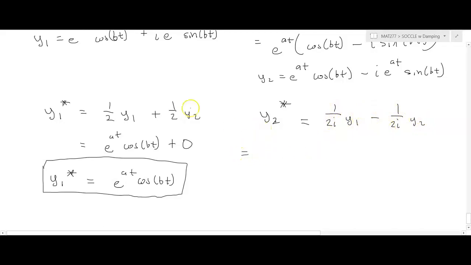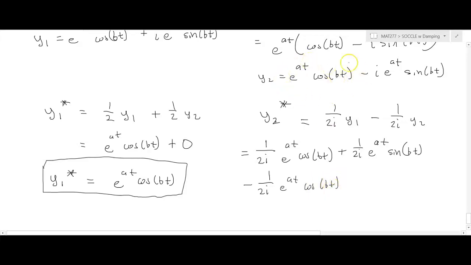Let me go ahead and actually plug these in. So if I take 1 over 2i times this, I get 1 over 2i times e to the at cosine bt plus 1 over 2i times i e to the at sine bt. Now I'm going to take minus 1 over 2i times this, so I'll have minus 1 over 2i e to the at cosine bt.